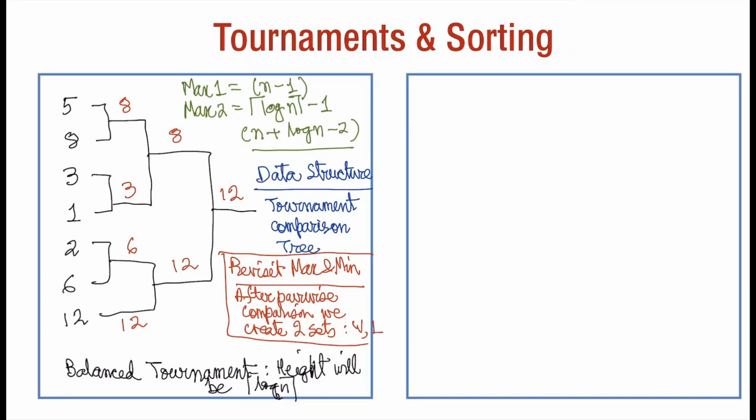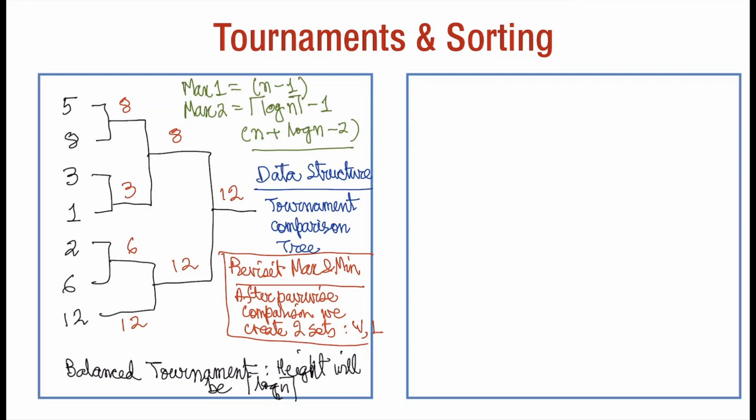Those who have won in the comparison and those who have lost. And if there is a single element remaining, we put it in both the sets. The winner will come from the win set. That means the max will come from the win set and the min will come from the lose set.